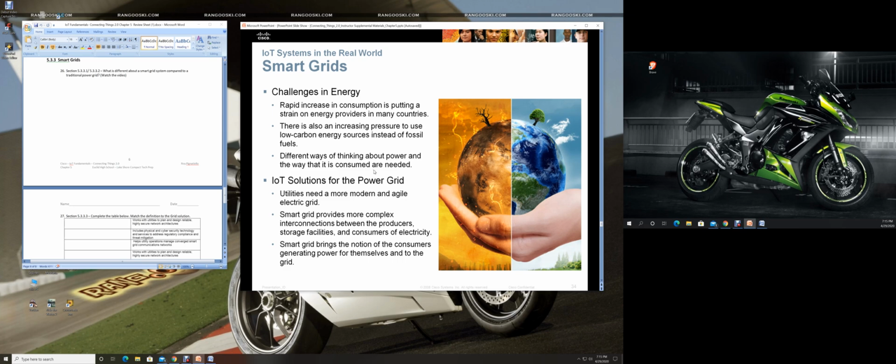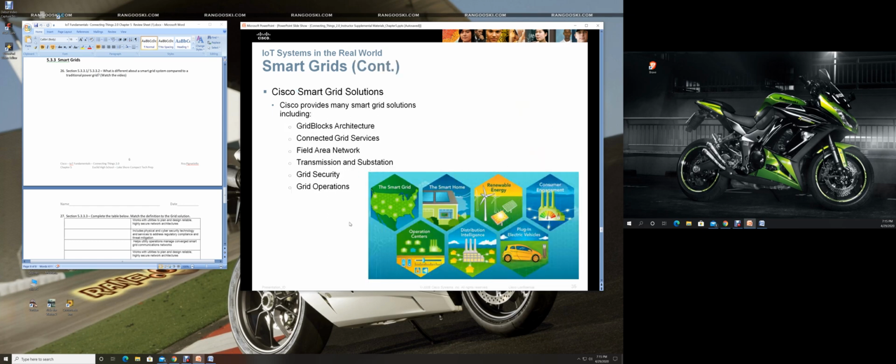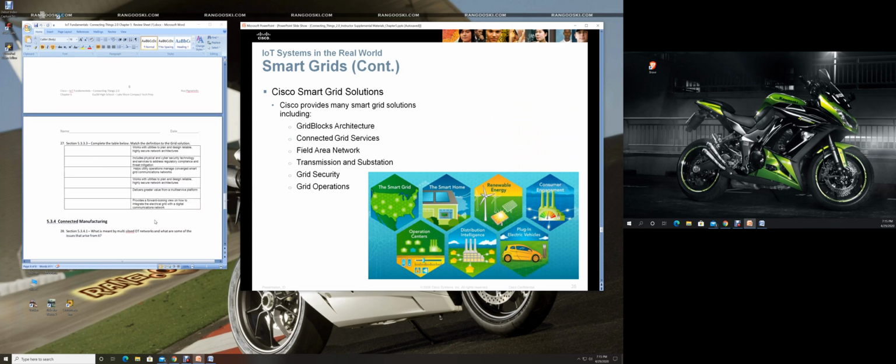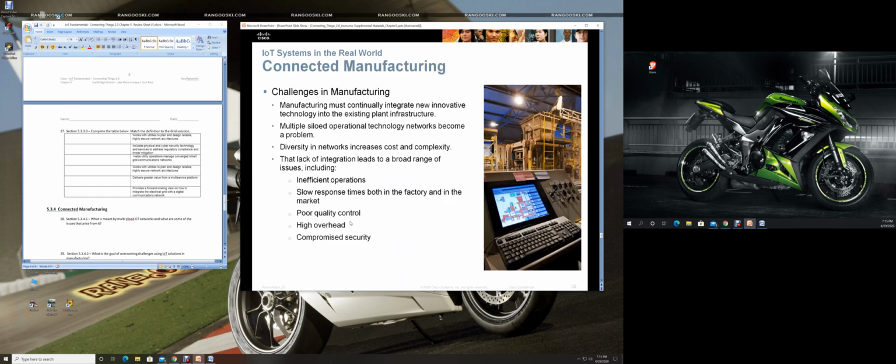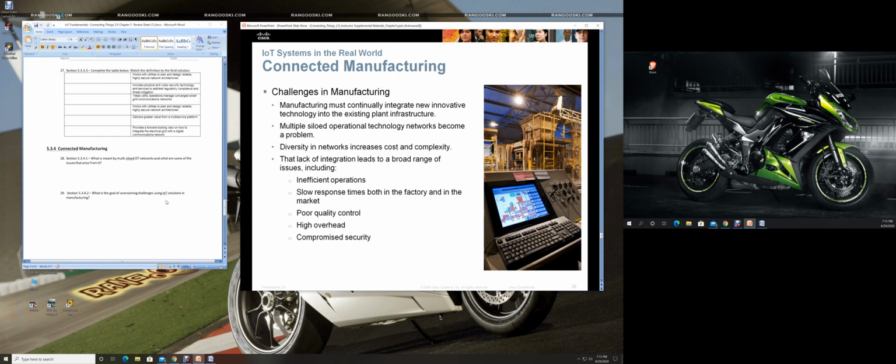But for example, if you were going to integrate some wind power or some solar power, and when you switch over, how much is being delivered here? If there is no wind, when you switch over to something else, all of those things are part of the smart grid. And the videos that are in there are all really interesting. I encourage you to watch them.